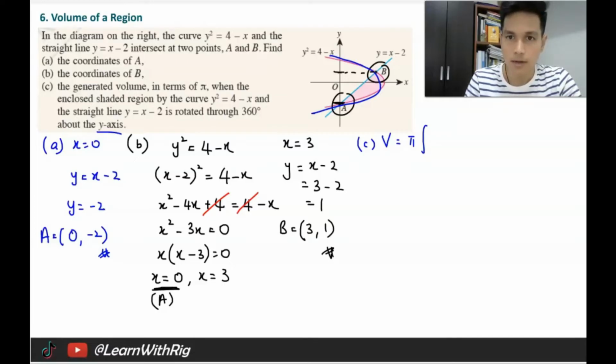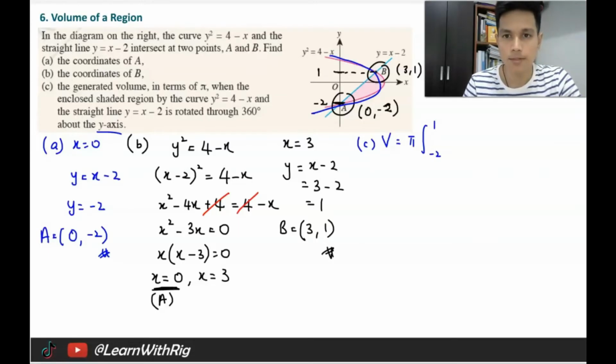Here the coordinate is 1, because B is (3, 1), right? And then coordinate A is (0, -2). So here is -2 and this coordinate here is 1. So the range of your volume should be -2 to 1.